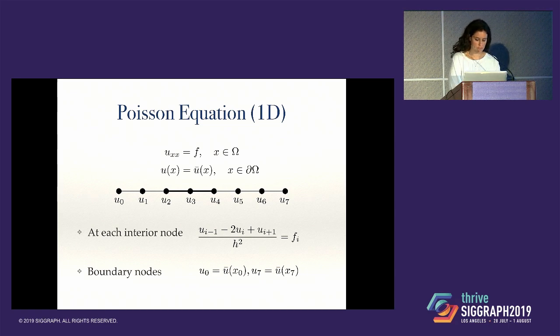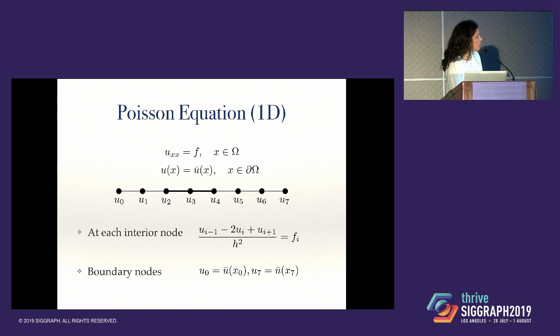So how do I go about solving this? Well, let's say that we discretize our domain by sampling these 8 points on the domain. Now all the interior points are unknown. The boundary points are known because they're given by this boundary data. At each interior node, I'm going to use my finite difference formula to approximate this second derivative, and set it equal to the function value, which I'm given. And at the boundary nodes, I'm going to use my boundary data.